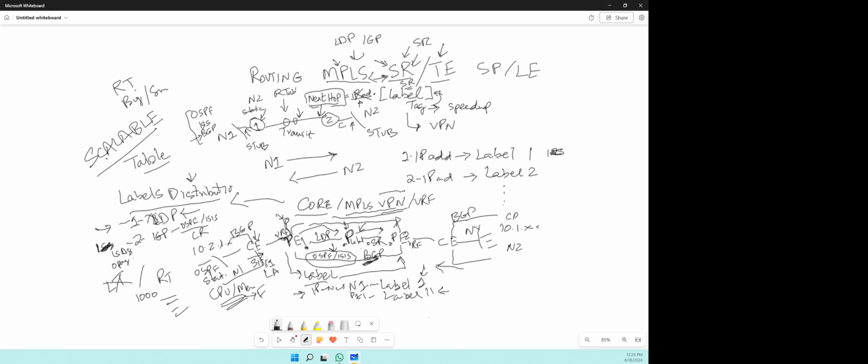Then you have application controllers that say, for this traffic take this path, for that traffic take that path, and you put all those paths at the edge because you're not maintaining the entire network for label distribution.